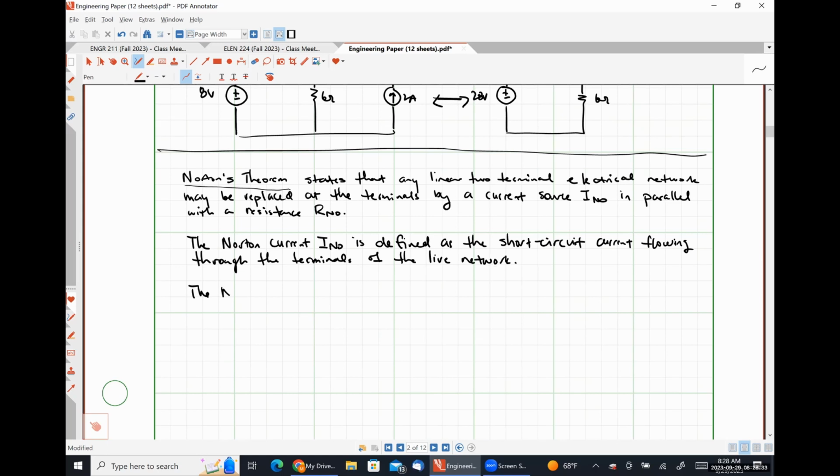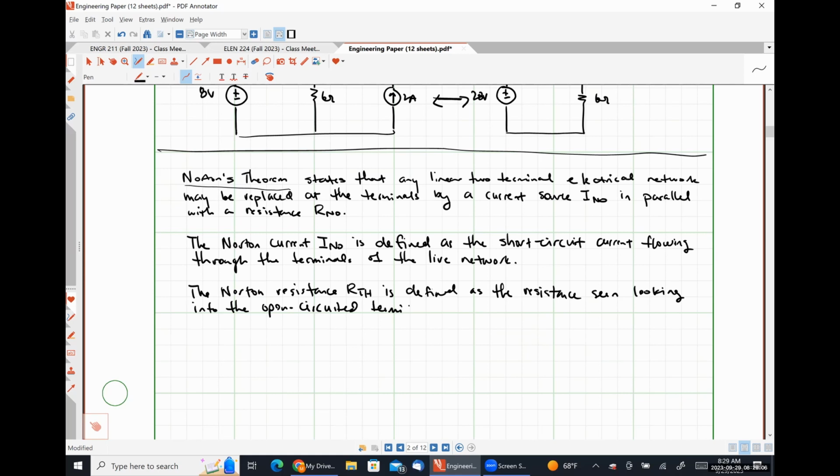And the Norton resistance is defined as the resistance seen looking into the open circuited terminals of the dead network.